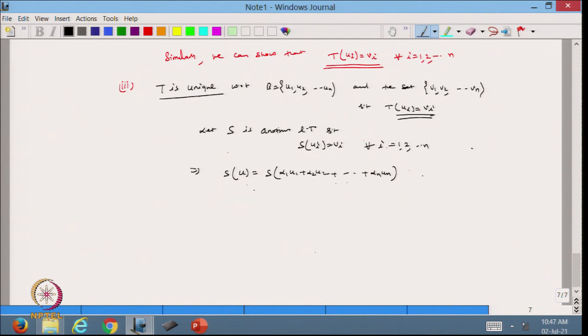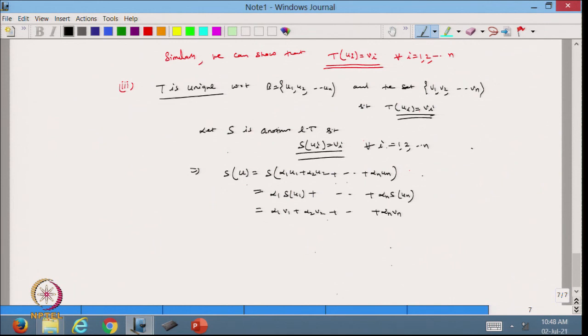Now, this can be written as alpha 1 S of u 1 plus up to alpha n S of u n. Now, S of u i is equal to v i. So, I can write this as alpha 1 v 1 plus alpha 2 v 2 plus up to alpha n v n.